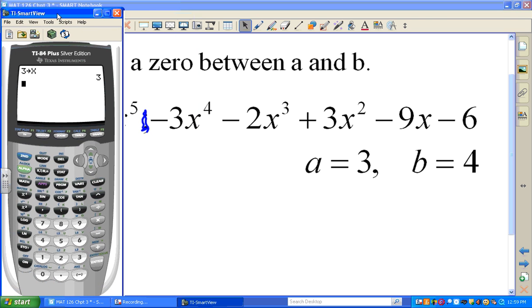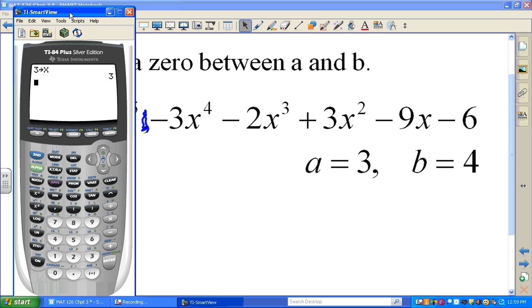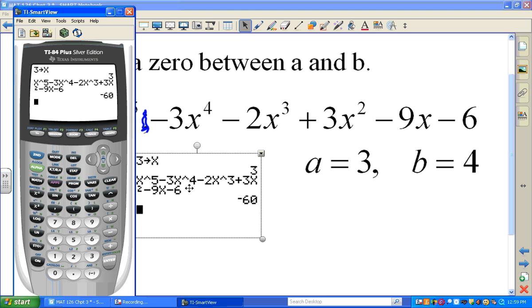And now I have x caret 5, minus 3x caret 4, minus 2x caret 3, plus 3x squared, minus 9x minus 6. Anybody get negative 60?